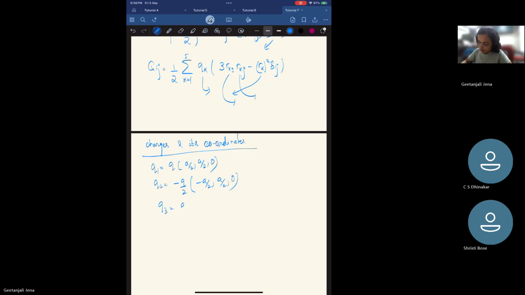Q3 is Q at (minus A by 2, minus A by 2, 0). Q4 is minus Q by 2 at (A by 2, minus A by 2, 0), and Q5 is minus Q, which is at the origin.